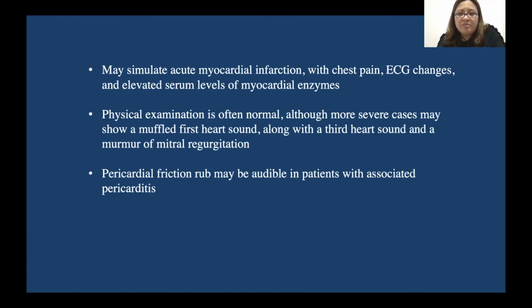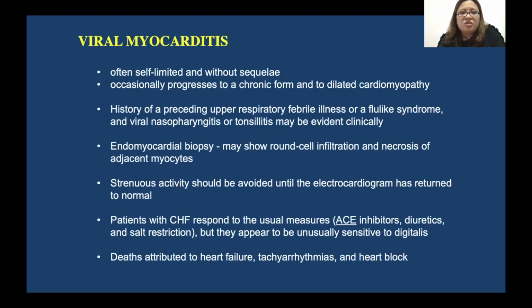Pericardial friction rub can be audible in patients with myopericarditis. So the first type of myocarditis is the most common, which is viral myocarditis. Often, this is self-limited and without sequelae, but occasionally it can progress to a chronic form and to a dilated cardiomyopathy.